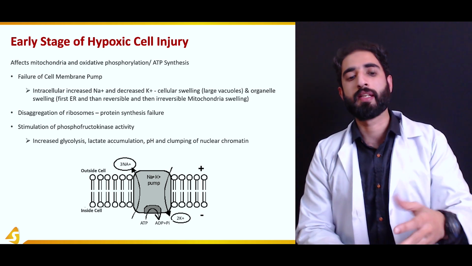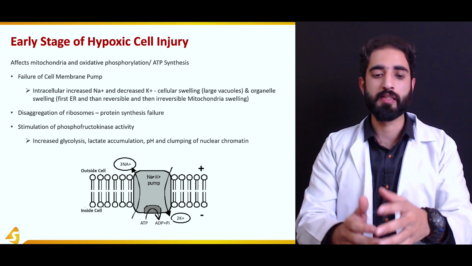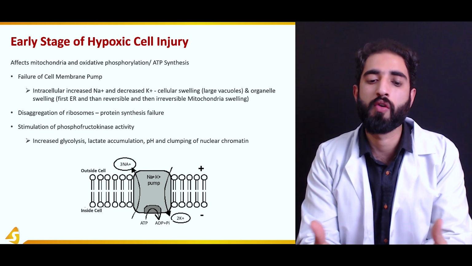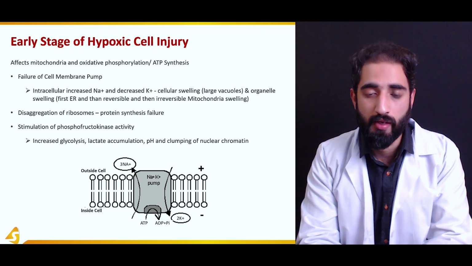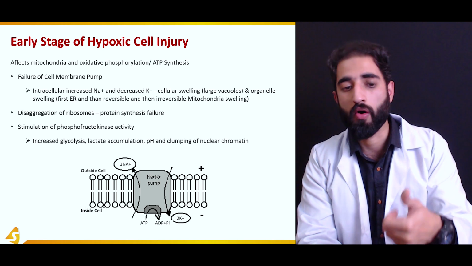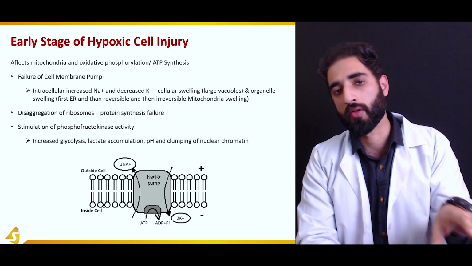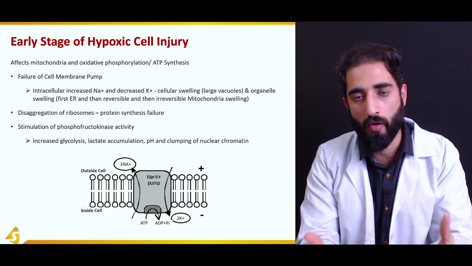Another early stage manifestation of hypoxic cell injury is the stimulation of phosphofructokinase activity, which is involved in anaerobic respiration because of the absence of oxidative phosphorylation in the absence of oxygen, or hypoxia.